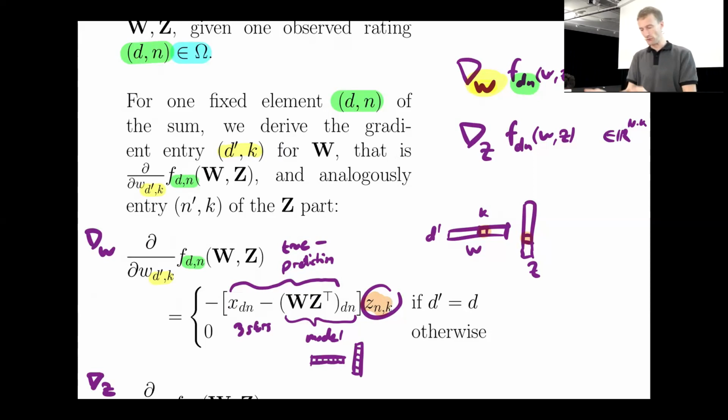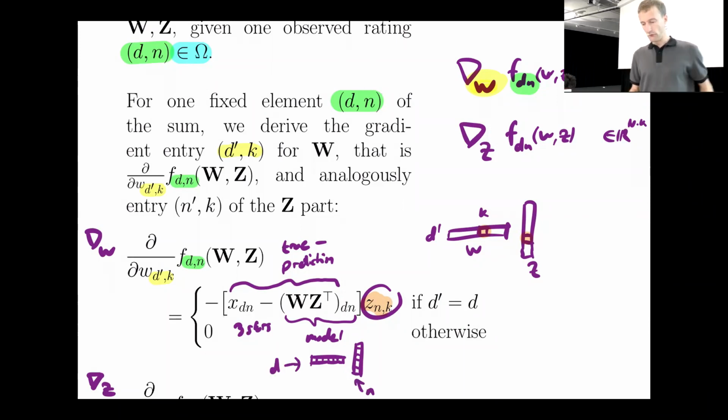This is extremely cheap. It's just because we ask only about the particular D and the particular N, right? So I just take the user row times the movie row, costs me K to compute this, and then I have to multiply with this number in the end. So this looks like a very cheap operation. So the movie row D and the user row N.